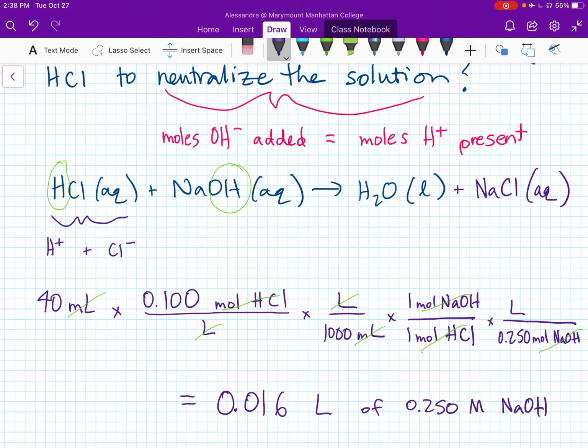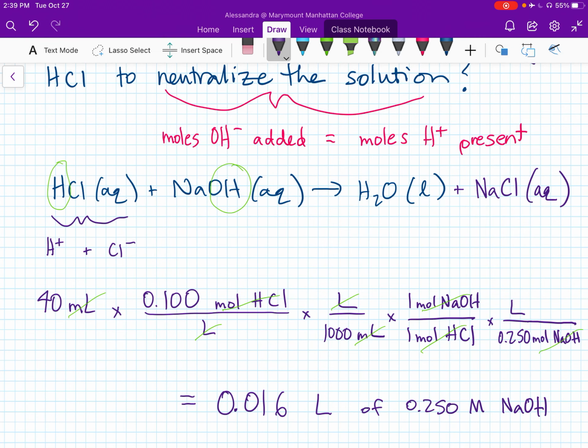Okay. If you multiply that volume times that molarity, you should get the number of moles of OH minus, and of course that should be equivalent to the number of moles of H plus. So this is an example of a titration. We added just enough NaOH to the sample to get to this equivalence point.